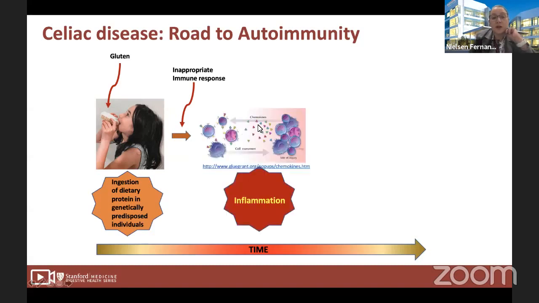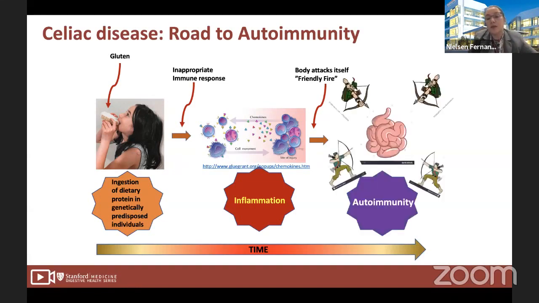So the cells that are there to protect you are activated. And this is what we call inflammation. And here, after you've eaten some gluten, it's lining your small intestine. So these inflammatory cells actually go to the small intestine. And what happens next is that in a misguided attempt to protect you, the immune cells attack the small intestine.